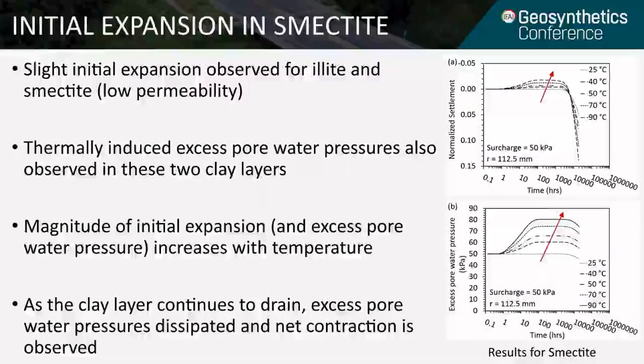You can see that the magnitude of excess pore water pressure generated increases with increase in temperature, and correspondingly, the observed initial expansion also increases with temperature. However, as the clay layer continues to drain, the excess pore water pressures dissipate, and finally, we get net contraction for all the clay layers.